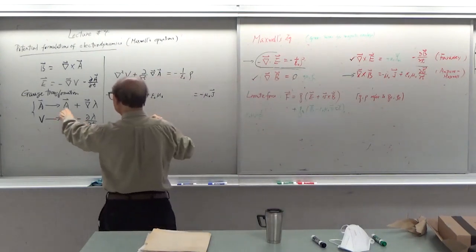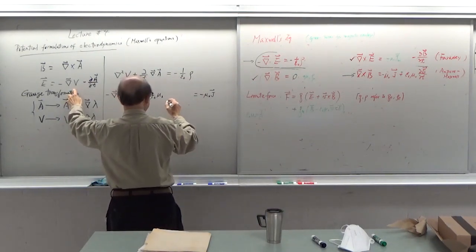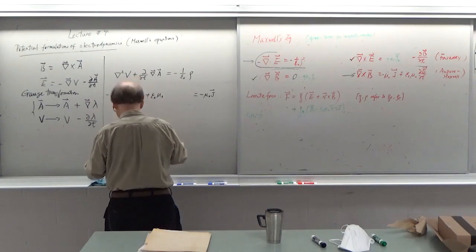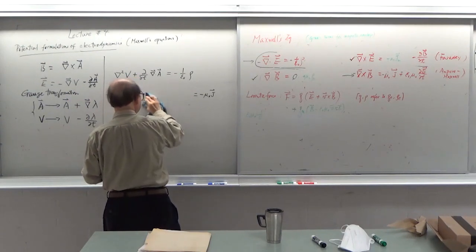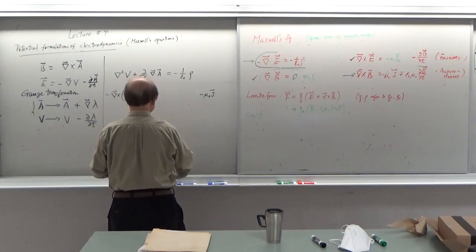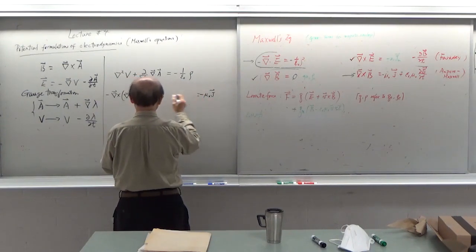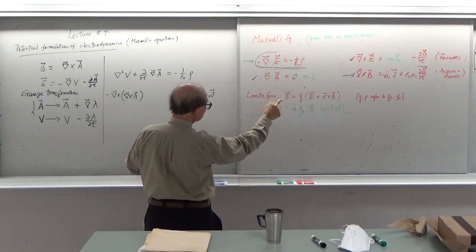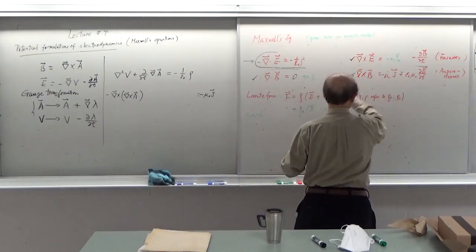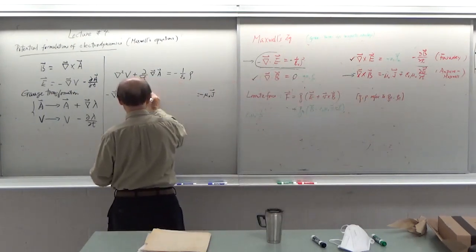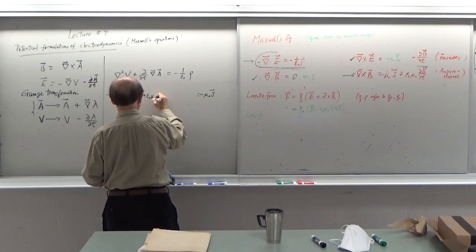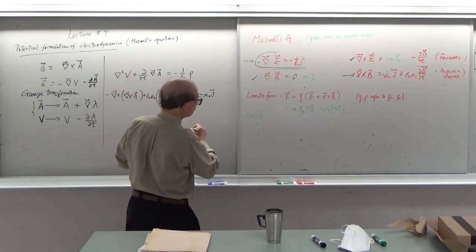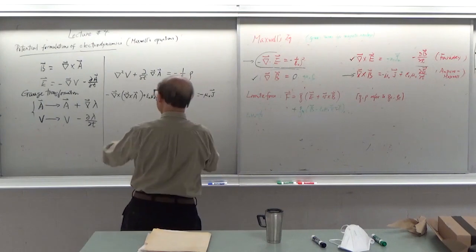But E is this. So del E by del t, I have to write small. That is minus curl curl A plus epsilon naught mu naught del E by del t.